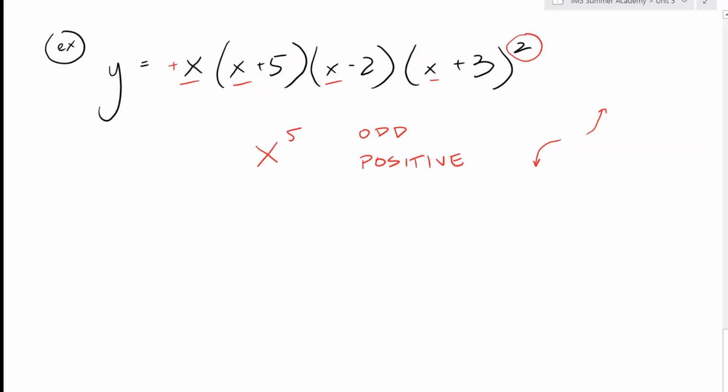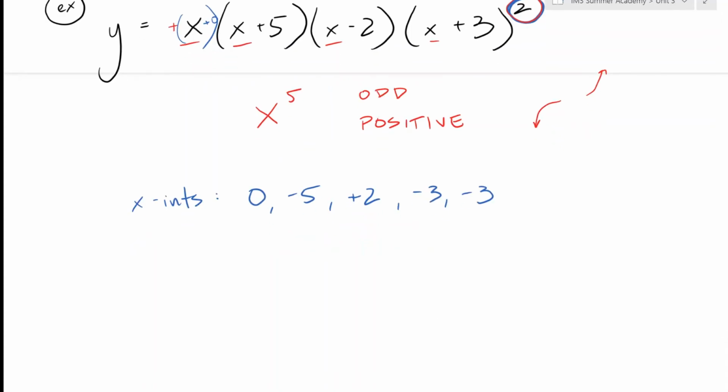Now the tricky thing is, this one doesn't have parentheses. We can throw it on there, so actually there's a +0 in there that we don't see. So if we were to find all these X-intercepts, just take the opposites, 0, -5, +2. And what this means is that there's two of these. So a -3 and a -3, that there's two of them.